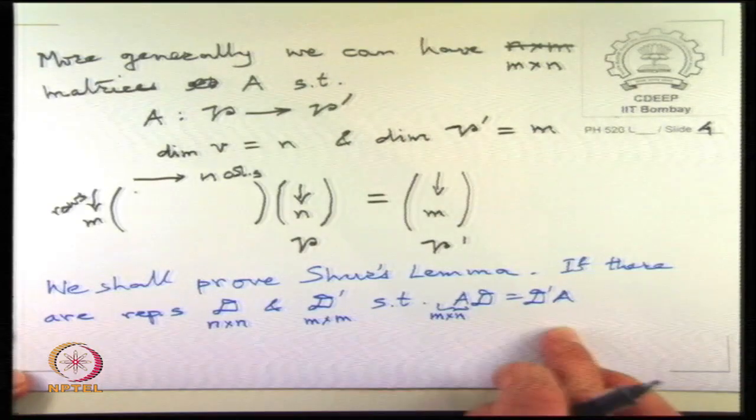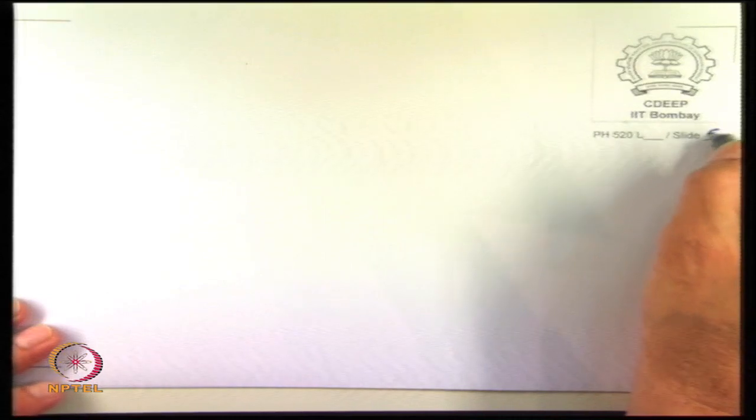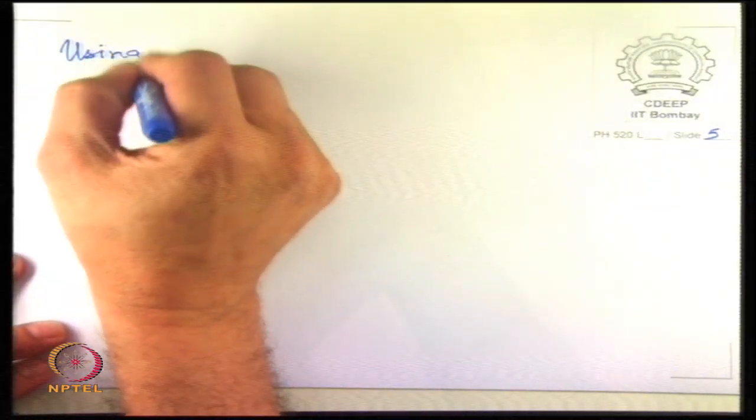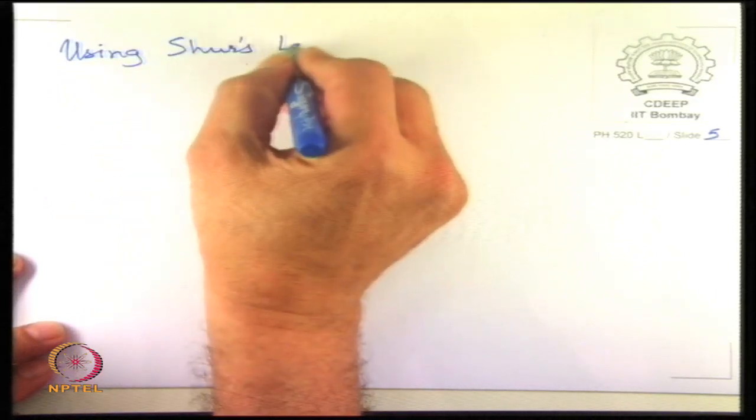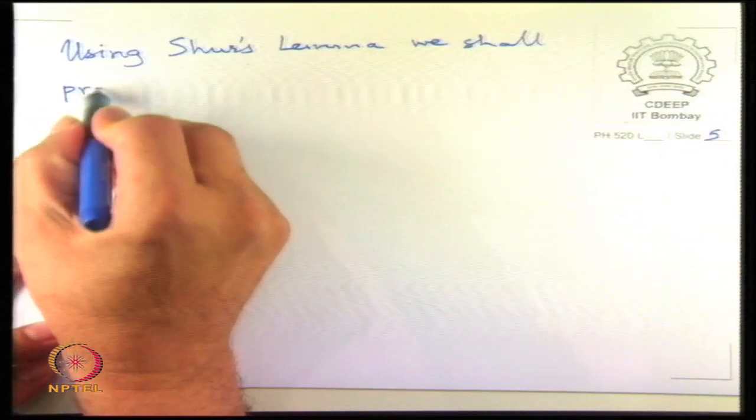So if there is an A such that it kind of commutes with two representations or converts one representation into the other, then this A has to be trivial, so either it has to be all 0 or it has to be identity, or D equal to D prime and A is proportional to the identity matrix, where n will be the dimension of that D. So using this theorem, which we will prove in a little while, we shall prove what is called the great orthogonality theorem.